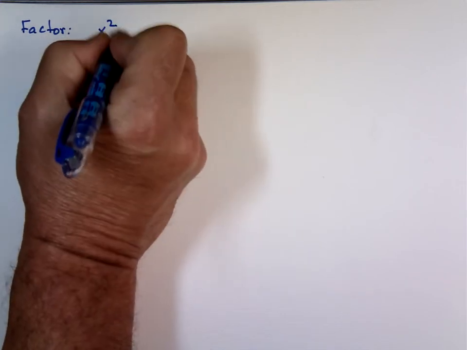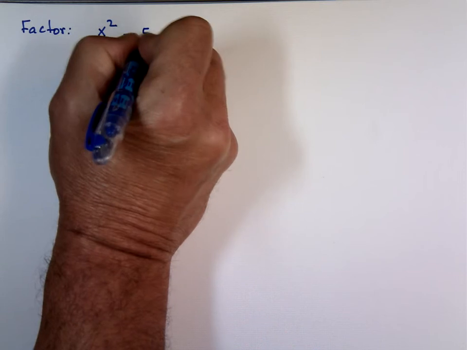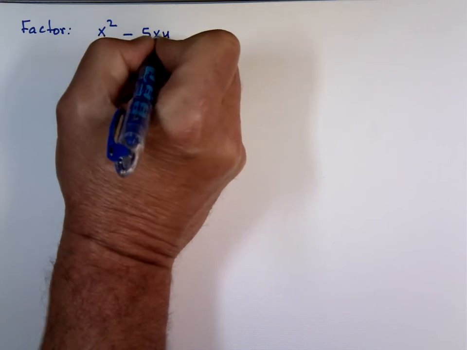Let's factor x squared minus 5xy minus 14y squared.